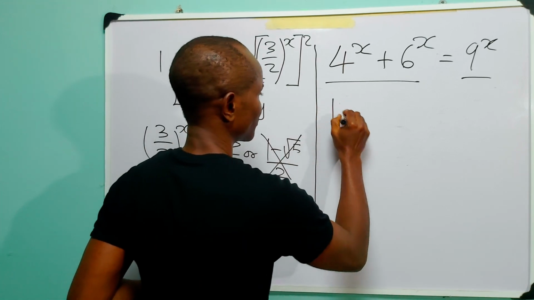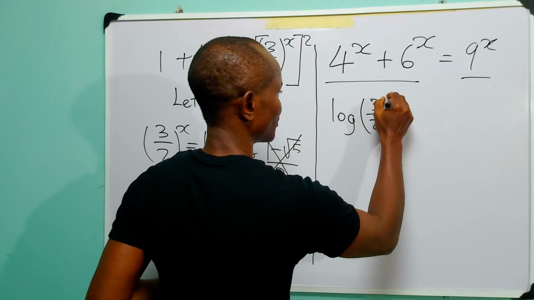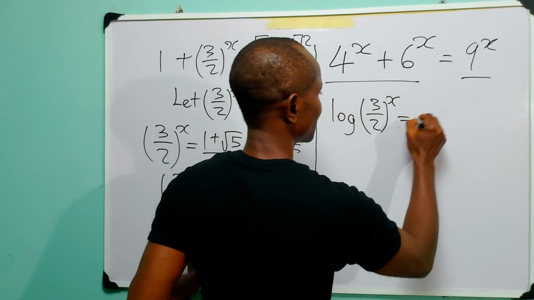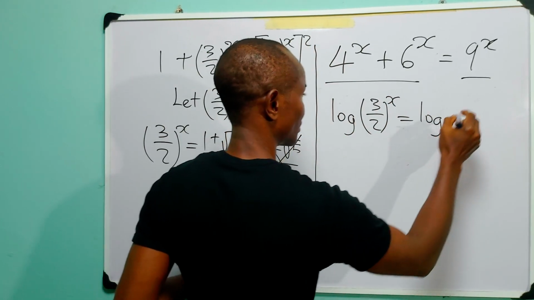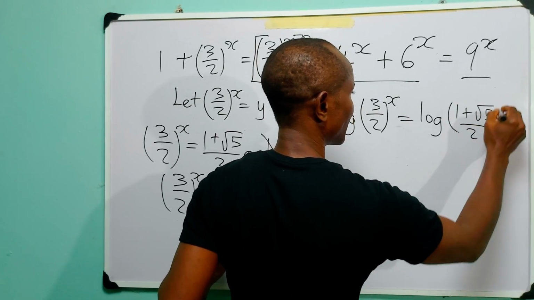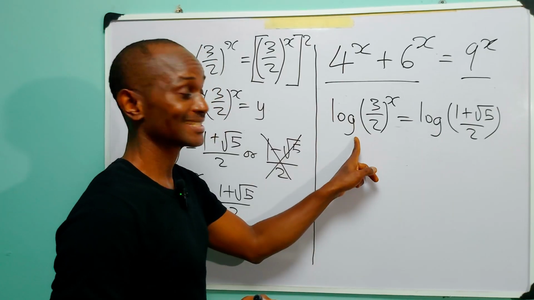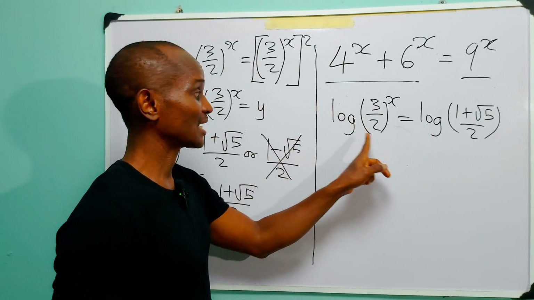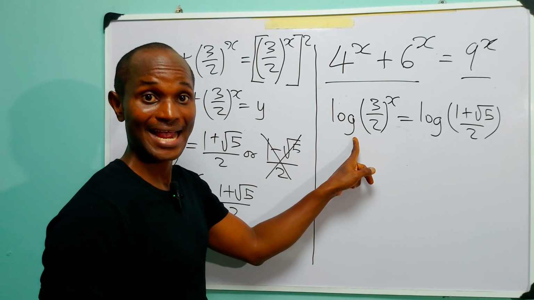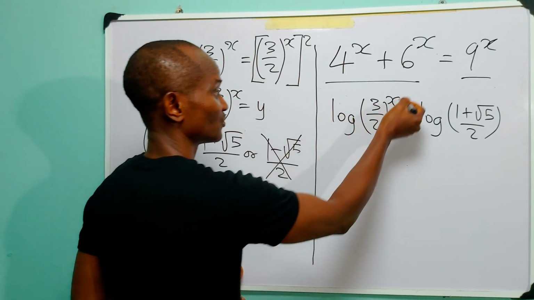So we have that log 3 over 2 raised to power x is equal to log 1 plus root 5 divided by 2. And of course, you know that when I write log without adding any base, it is assumed that we are dealing with log to base 10. So of course, according to the power rule of logarithms, we bring the x down.